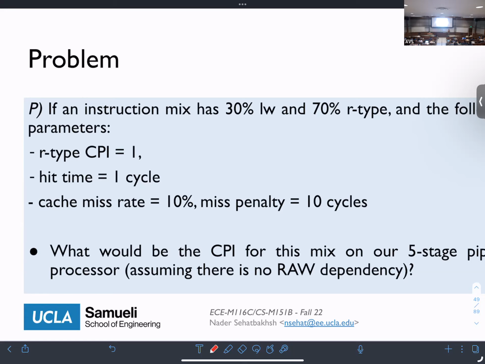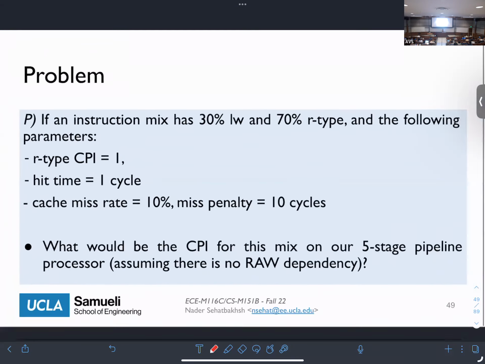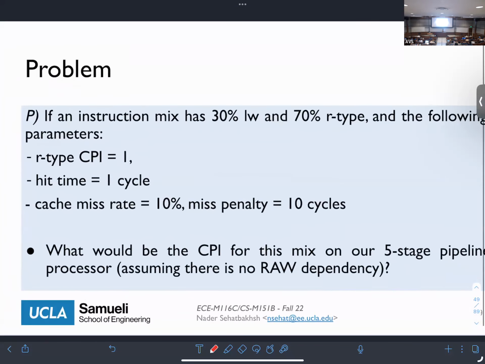So your memory doesn't take one cycle; it takes more. How many? You have to first compute your average access time. Once you have that, factor it in with your CPI. And think about this: we only have one level of cache.